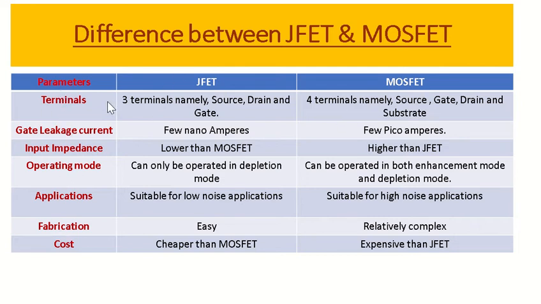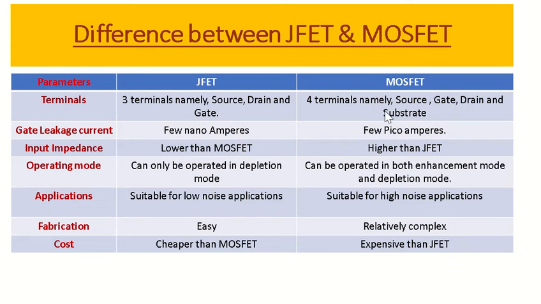So first, we will try to understand terminal wise. JFET is actually a three terminal device. It has source, drain, and gate as its terminals. Coming to MOSFET, it has four terminals. Usually it has three, but considering the substrate, we can say it has four terminals. Those are source, gate, drain, and substrate.